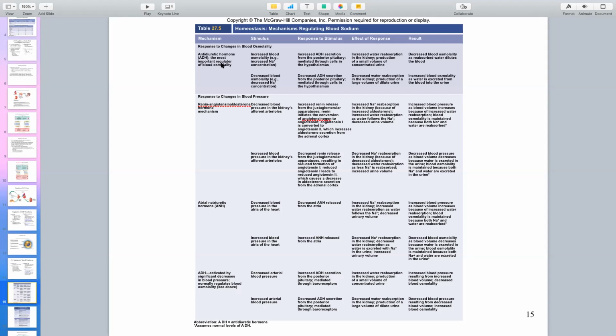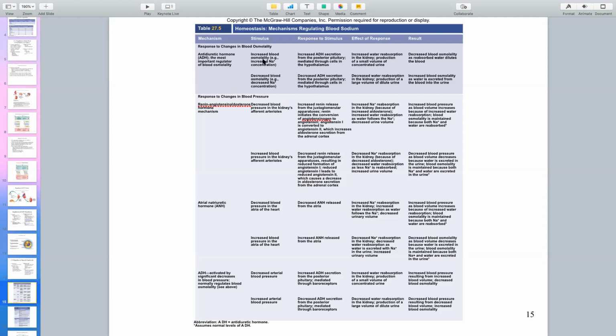The ADH is the most important regulator of blood osmolarity. Well, it increases when you have increased blood osmolarity. Increased blood osmolarity usually is seen in dehydration. Remember, you sweat a lot when you're in the hot sun. Sweat is predominantly water.